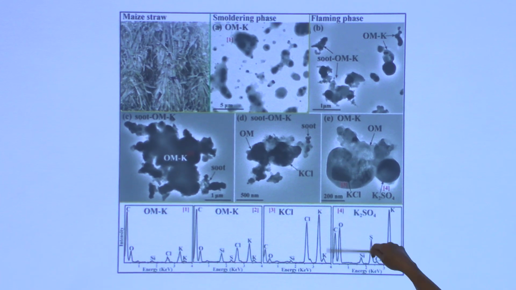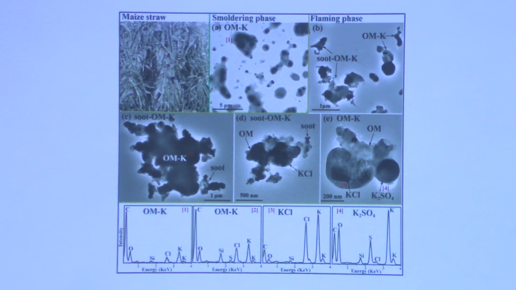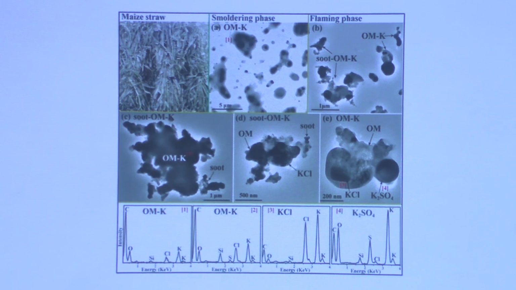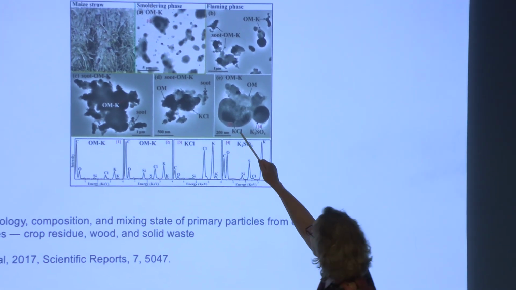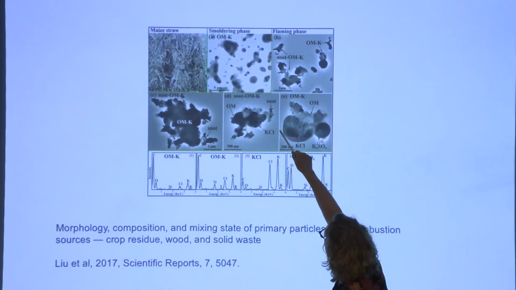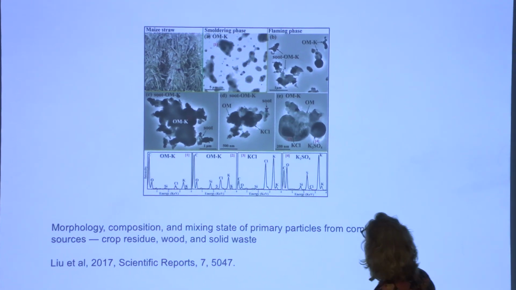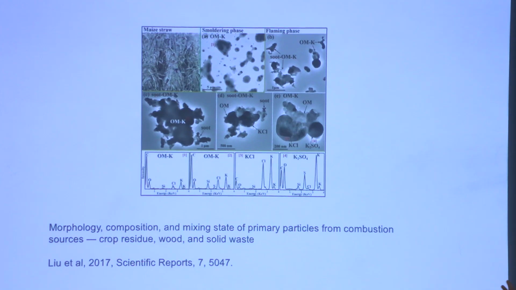And so you can actually analyze what the different bits of one particle are made of. So there's organic matter, soot, but also other components containing chloride and sulfate, and lots of sophisticated analysis tools that people use to really get into the details of what these particles are made of.